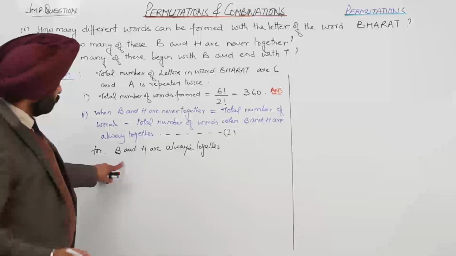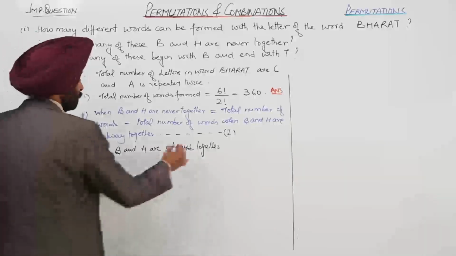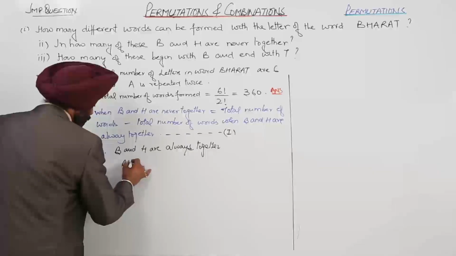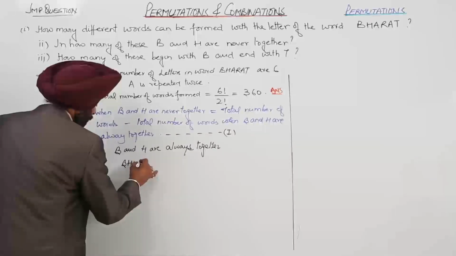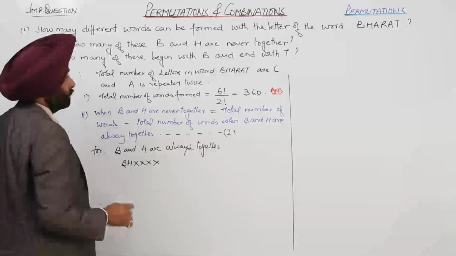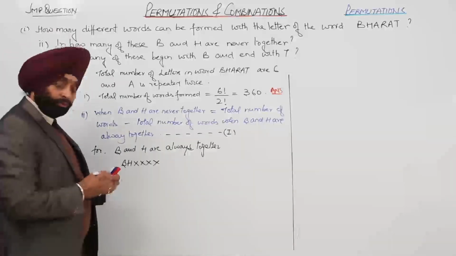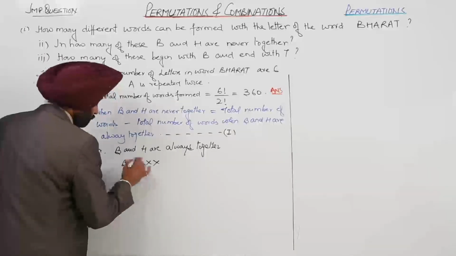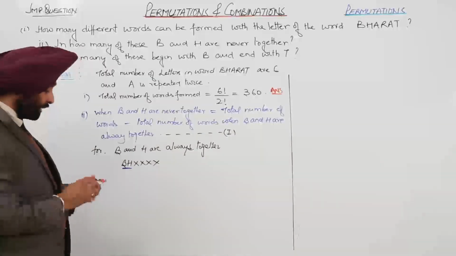Now for B and H always together, we can write it as BH A R A T. So we have to consider this as a single one, considering BH as one letter.